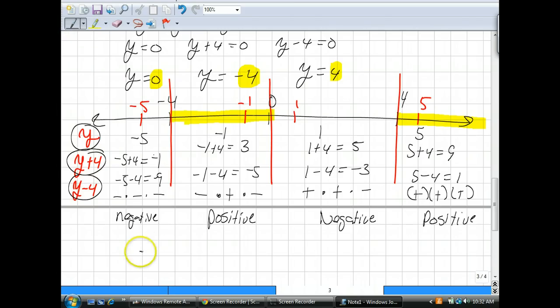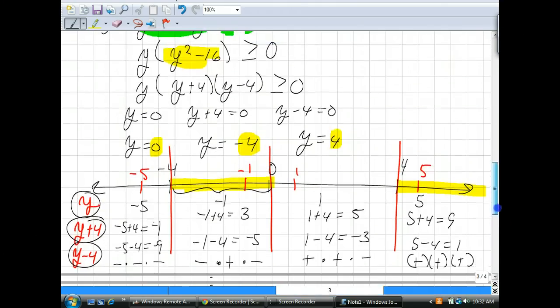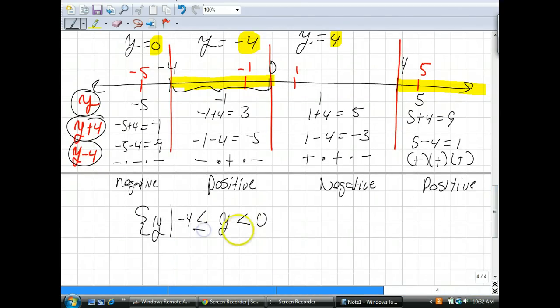So now I read my graph. So my solution is all y such that this part of the graph says y is greater than or equal to negative 4 and less than or equal to 0. Was there an equal sign? Yes, so that we would include those.